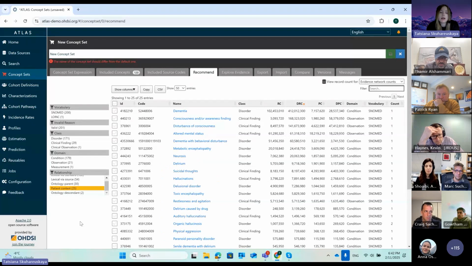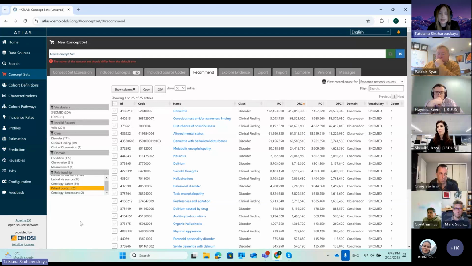Patient context is a group of codes that are frequently co-occurrent with what you already have included. Here we have dementia, different disturbances of consciousness, altered mental status, neurosis, delirium, suicidal thoughts. All of those things really co-occur with psychosis frequently.